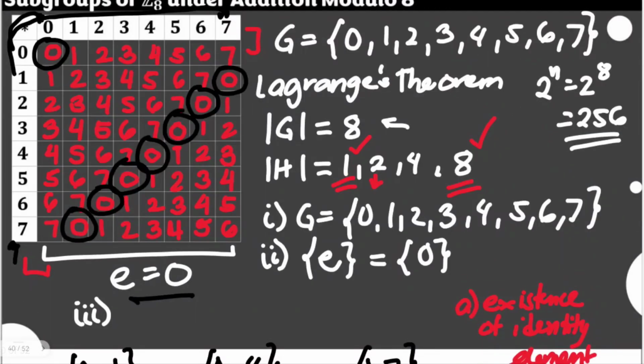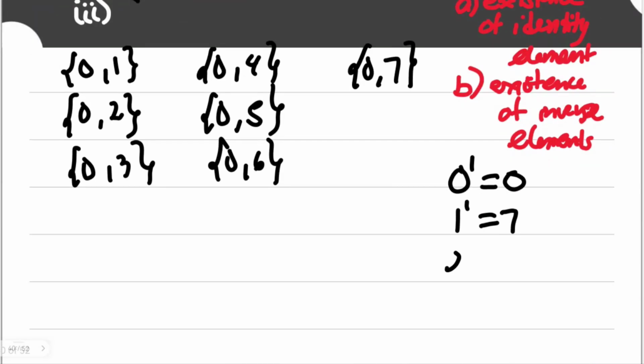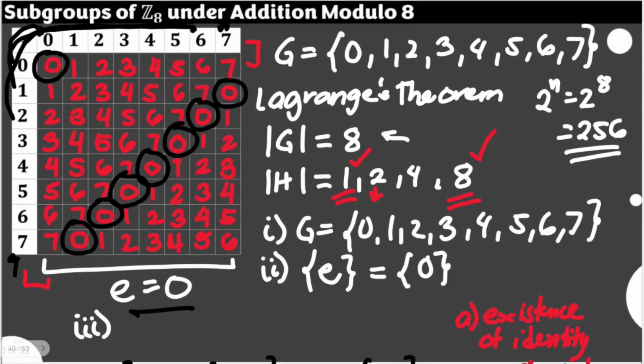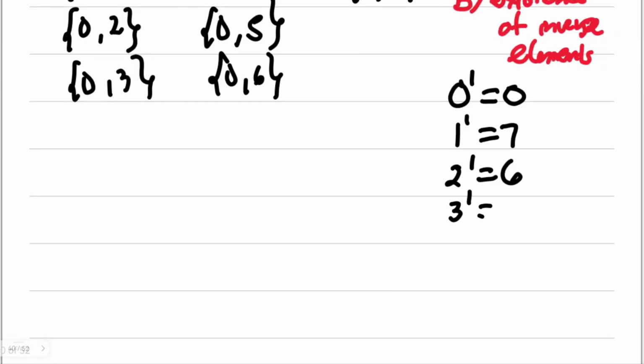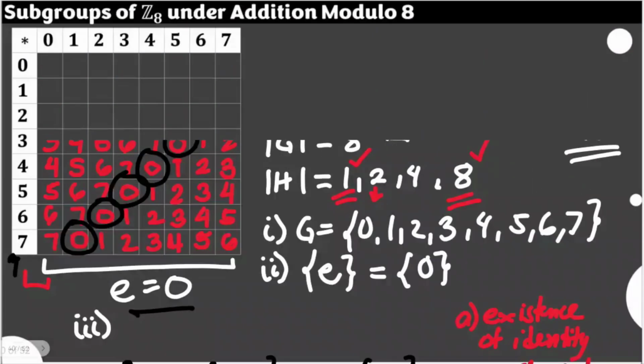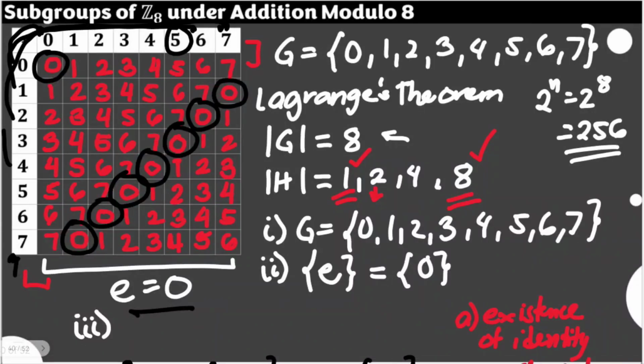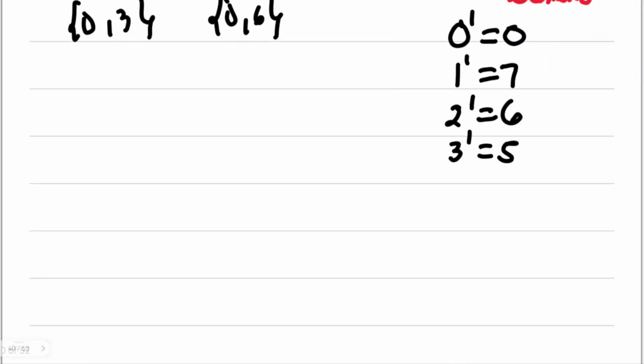Then 2 star 6, so the inverse of 2 is 6. How about 3? For 3, it's actually 5 here, so the inverse of 3 is 5. How about 4? For 4 star 4, you will get your identity element of 0. So the inverse of 4 is 4.